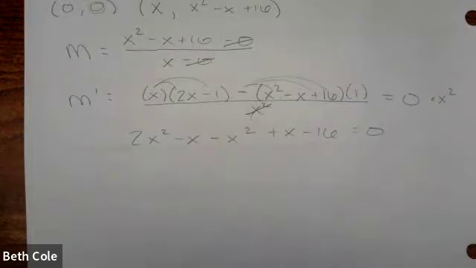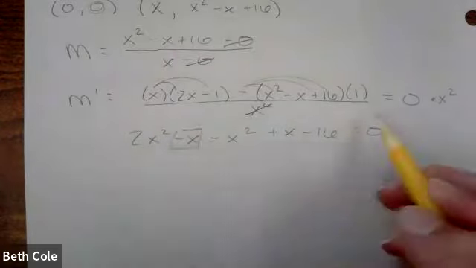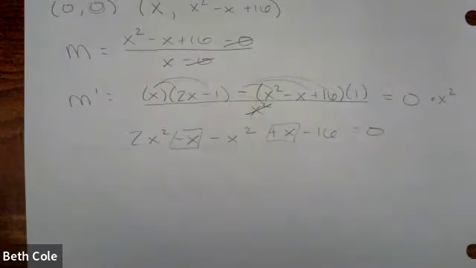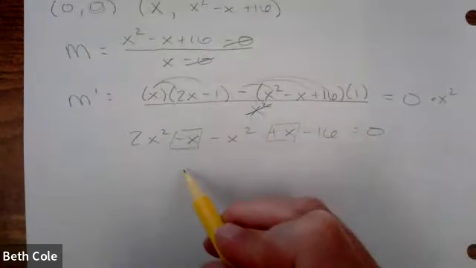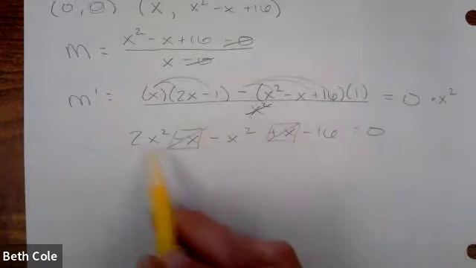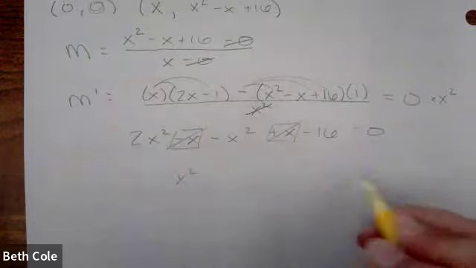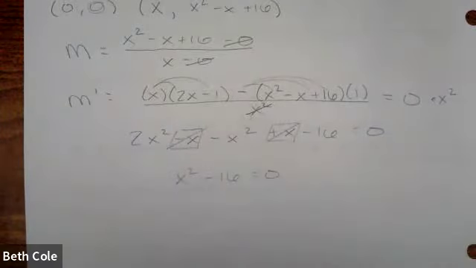Yeah, it does equal 0. Find like terms. Good. The only like terms we really have are a minus x and a positive x. Oh no, actually we do have more like terms. Those cancel, and this gives us just x squared minus 16 equals 0. There are 2 ways you can proceed from there. What would you do next?